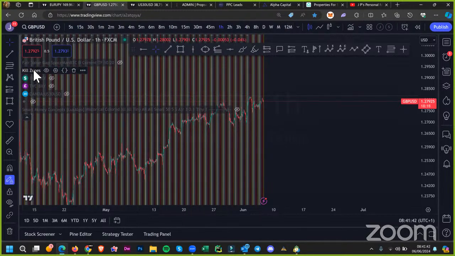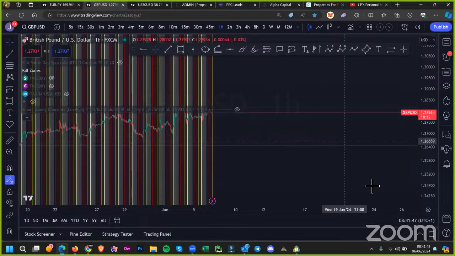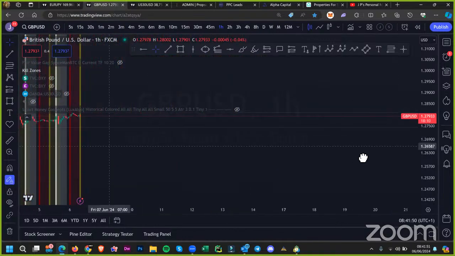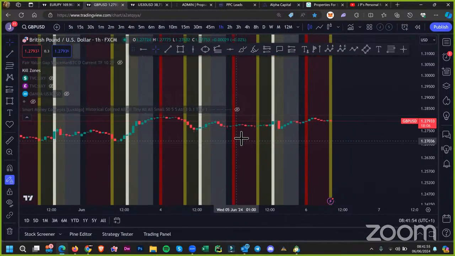Those kill zones give identifiers to the different sessions. For the people that don't know, this red session is our Asian session, yellow is our London session, and white is our New York session.